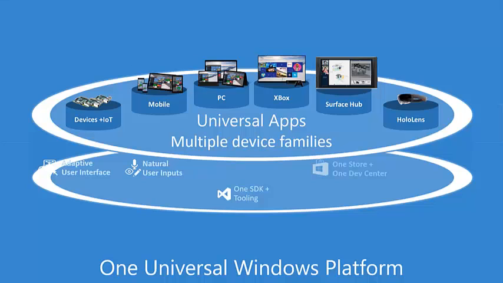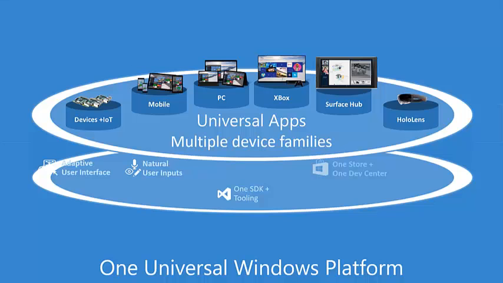Now, most line of business applications aren't necessarily going to be devices and IoT and mobile at the same time, but I can use the same infrastructure and coding to build across all of these different platforms, regardless of what I may or may not want to do with that.